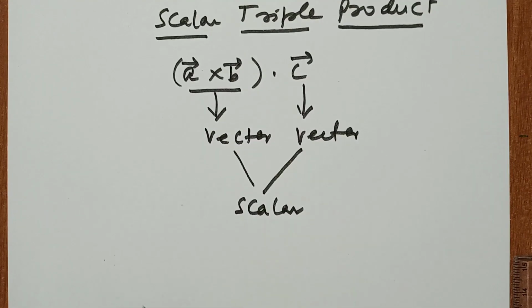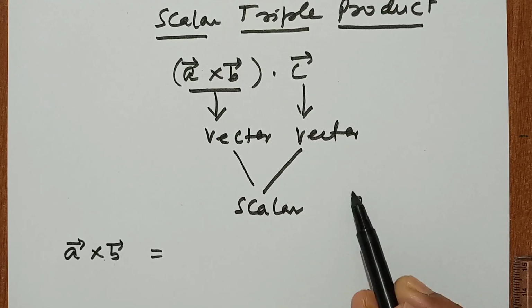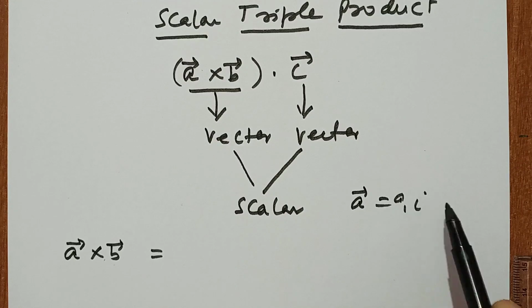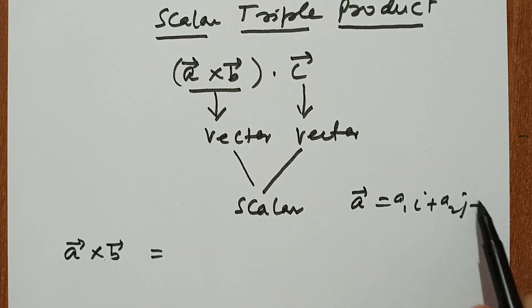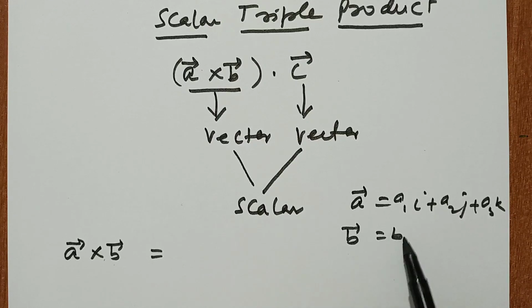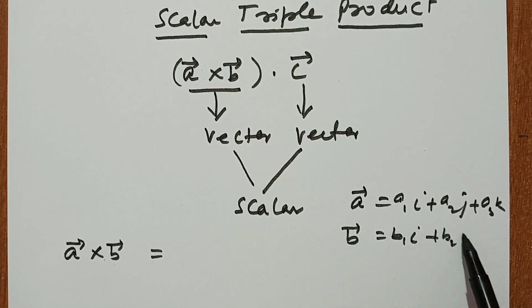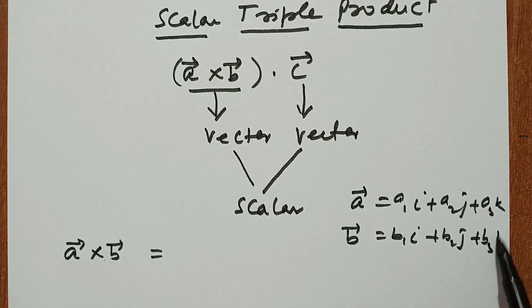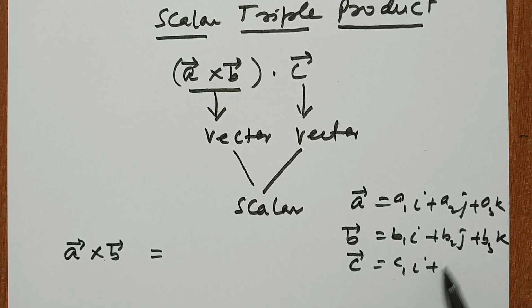Okay. So now what is A cross B? As we know, A cross B is the cross product of two vectors. So if A is equal to A1i plus A2j plus A3k, B is equal to B1i plus B2j plus B3k, and similarly C is equal to C1i plus C2j plus C3k.